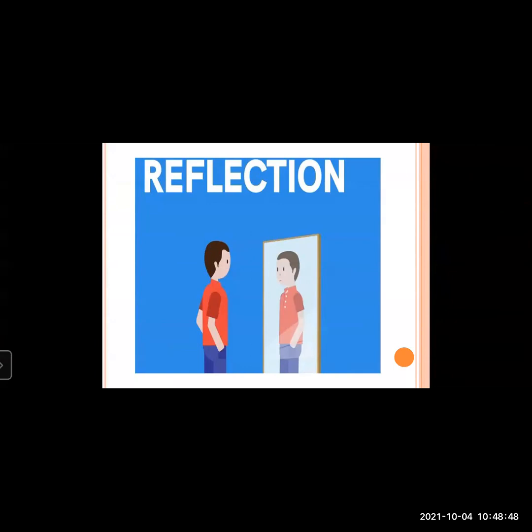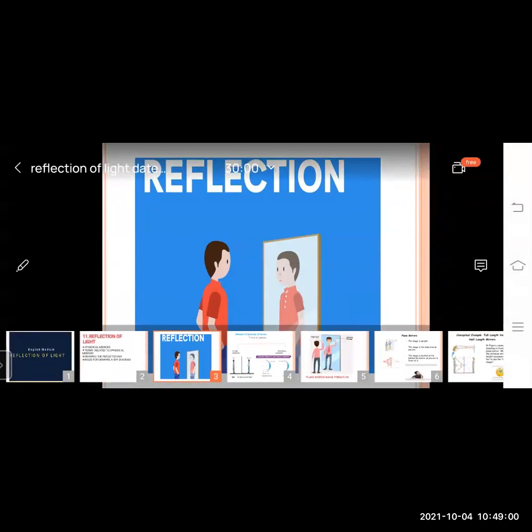You are able to see those reflected rays as an image. This image is a virtual image which we see in plane mirrors. So this is a normal phenomenon which we undergo every day and which is a basic example of reflection.